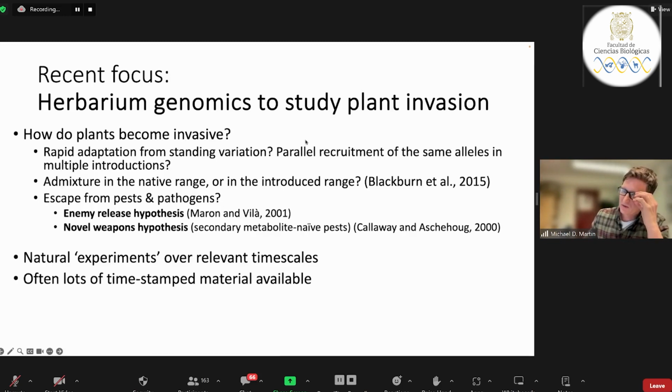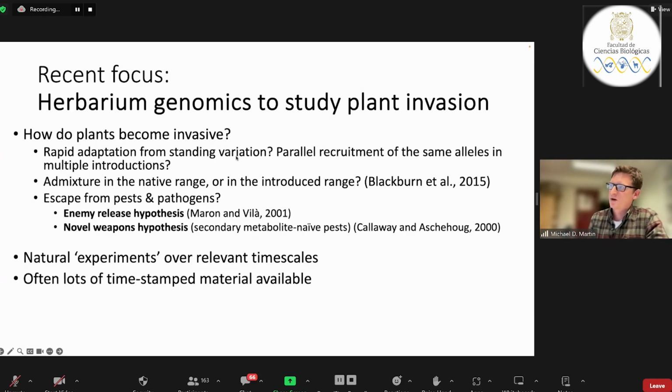And the third hypothesis about why particular species can become invasive upon introduction to a new range is that they are basically being released from enemies, either herbivores, animals that are eating the plants in their native range, or co-evolved pathogens. If they can manage to escape from them in a new range, they can then use the resources they had formerly devoted to fighting the enemy for growing faster, growing bigger, reproducing more, etc.